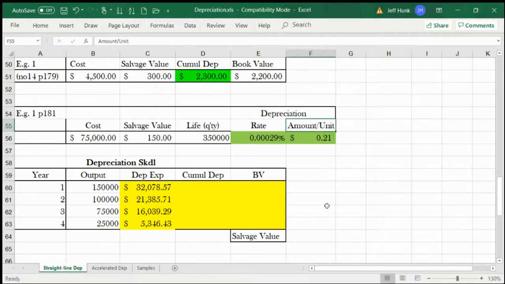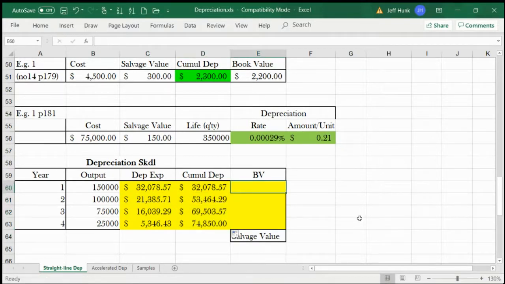And then cumulative depreciation will be, in the first year, just itself. From the second year, it's going to be that annual depreciation plus the previous year, and then you drag it down. And the book value is always the purchase cost minus the accumulated depreciation.